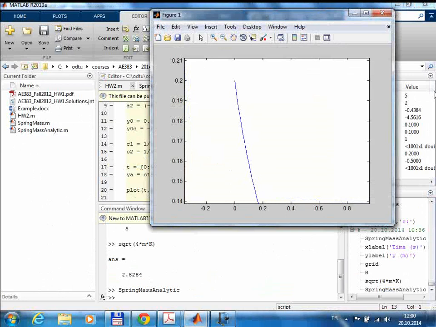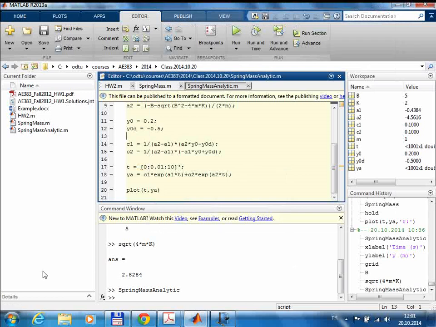Okay? So this is how you plot the result once you have the solution. Remember, we obtained the solution analytically by solving the differential equation. And then once we have the solution, we just use MATLAB to plot the result. Normally we can use MATLAB to obtain the solution as well, which is what we will do later.